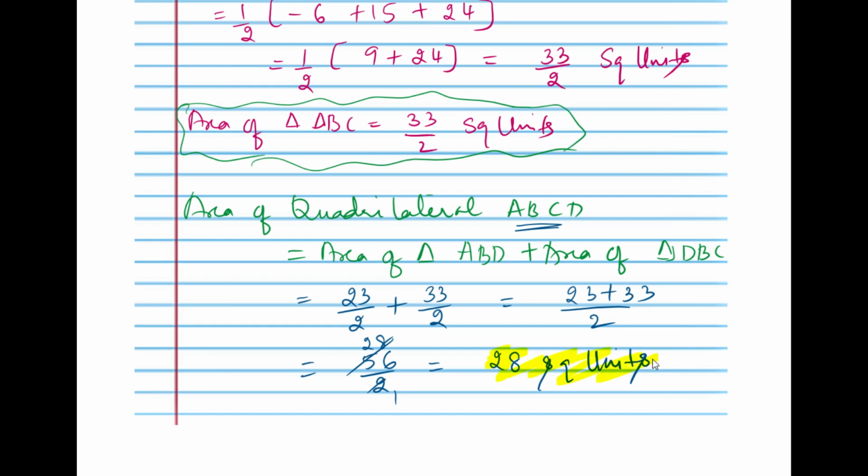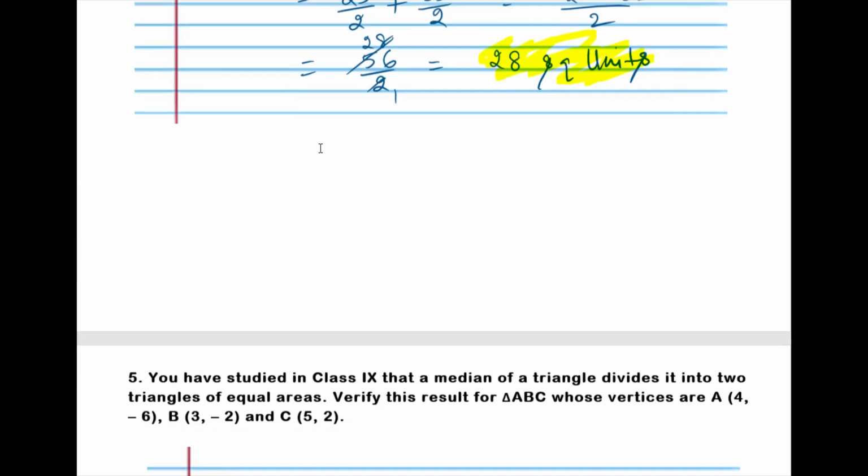To find out the area of quadrilateral, what you need to do is split the quadrilateral into two triangles. Find out the area of two triangles separately, then add them. You get the area of quadrilateral ABCD.